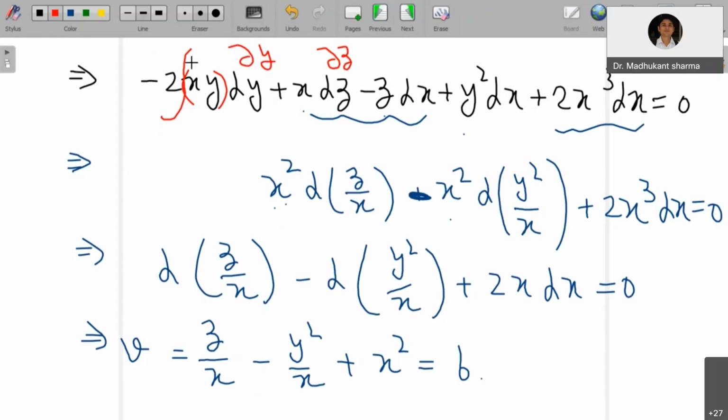So whenever you are performing the integration, keep in mind whether it is dy or dou y. If it is dy, you can't do that. If it is dou y, you are allowed to do that. Not a problem. Is that clear? Okay, sir. Any other doubt?